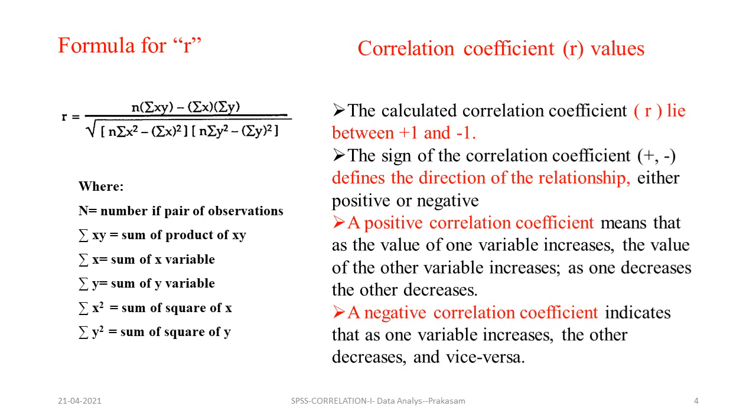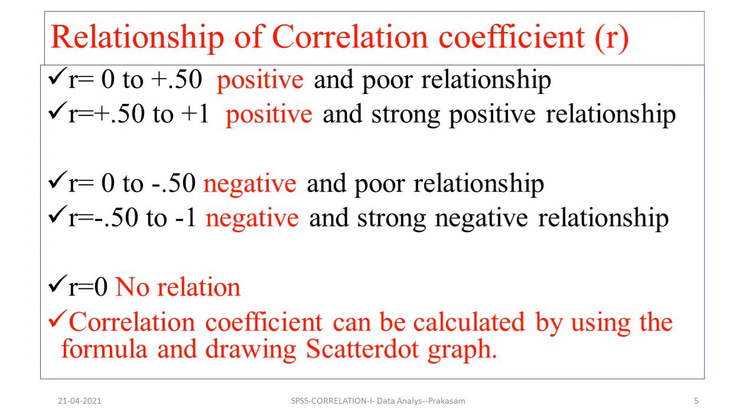Apart from this formula, we will also understand the correlation values by putting them in a scatter dot diagram. The relations of correlation coefficients: if the calculated value of r is in the range of 0 to plus 0.5, it is a positive and poor relation.